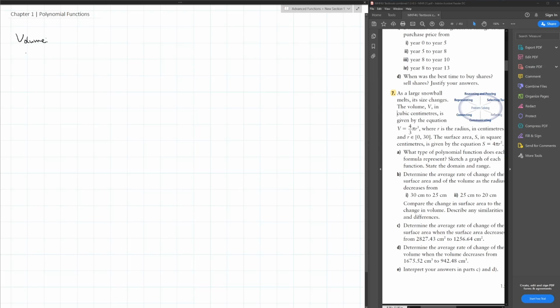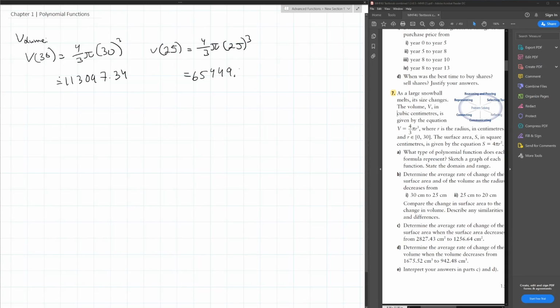So first of all, we're finding V of 30 is equals to 4/3 pi 30 cubed, which is equals to approximately 113,097.34, and then V of 25 is equals to 4/3 pi of 25 cubed, which is equals to approximately 65,449.85.